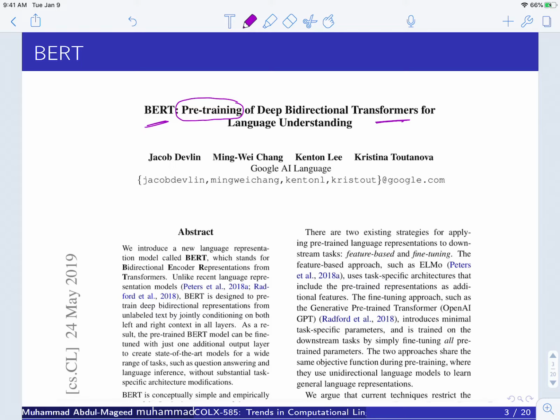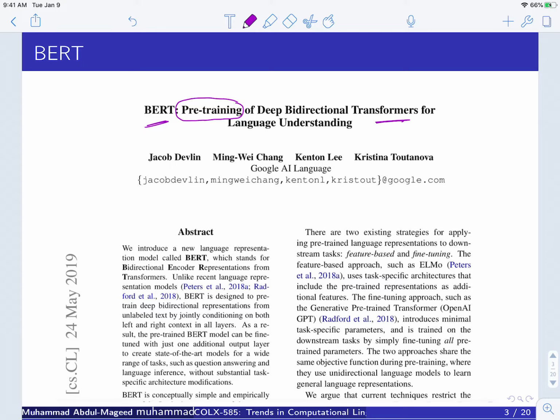We call it pre-trained because it was trained on just a general task, right? We take the pre-trained BERT and then we fine-tune it on the downstream task.